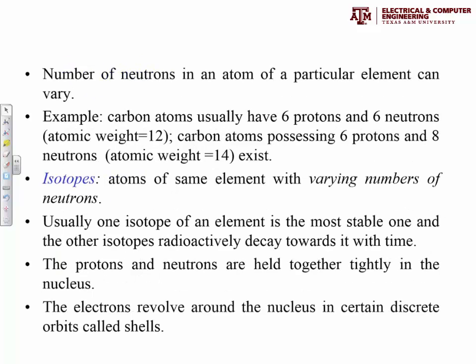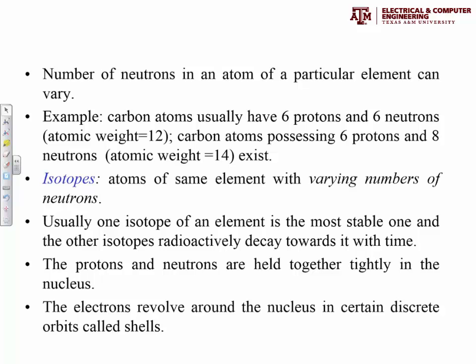Now, for a particular element, the number of protons in the nucleus is actually fixed, but the number of neutrons can vary. For example, carbon atoms usually have 6 protons and 6 neutrons in the nucleus, so the atomic weight of regular carbon is 12, right? However, carbon atoms possessing 6 protons and 8 neutrons, where the carbon atom is going to have an atomic weight of 14, they exist, okay?